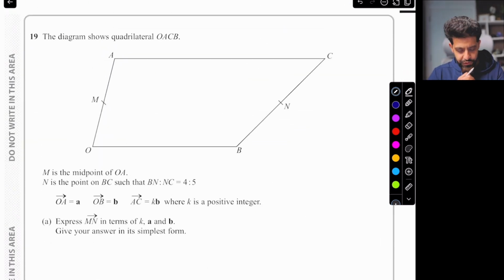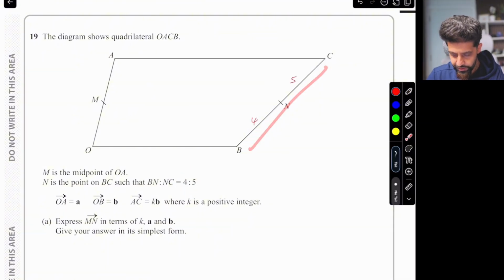All right, so for this next question, we have a quadrilateral, OACB. M is the midpoint of O to A, and N is the point on BC, such that B to N and N to C is in the ratio of 4 to 5. So what we can do, we can say this is 4, this is 5, so in total this is 9 parts.